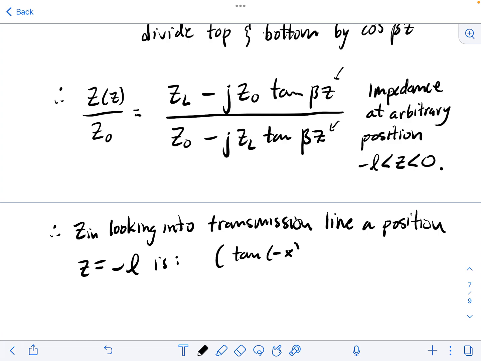So tan of minus beta L is equal to minus tan beta L, and so that minus sign is going to cancel with the minus signs that we already have in our expression.